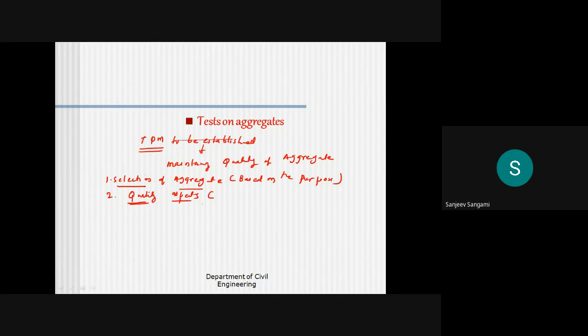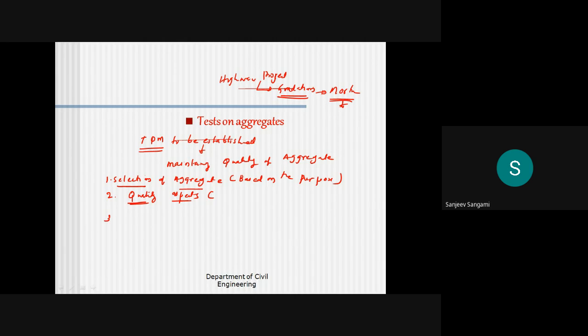For example, if you are using the same aggregate for highway projects, the gradation is very important. We have the MORTH specifications, and according to the MORTH specifications only, I would go with the gradations depending on the type of the projects.